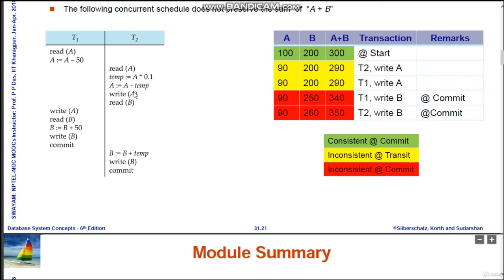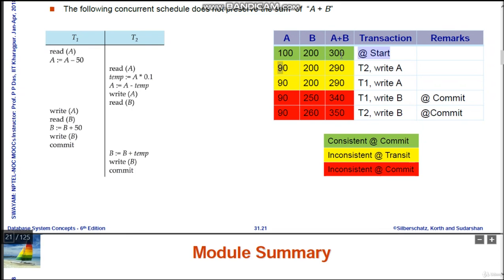We have lost 10 and b is not affected, 290, but after write a again we have nothing, the same, and at the time of write b we have added 50 to b, 200 to 250. Now you can see the database is inconsistent.